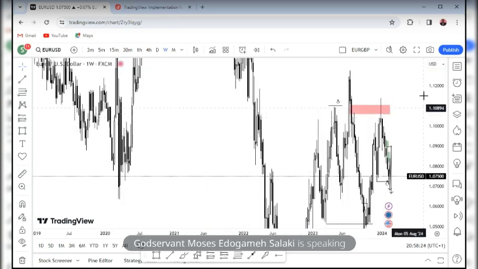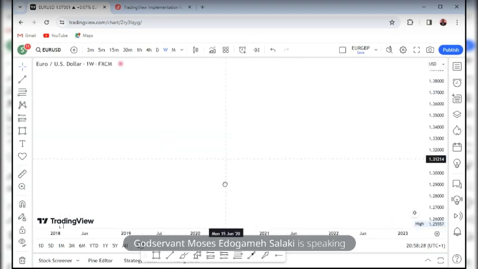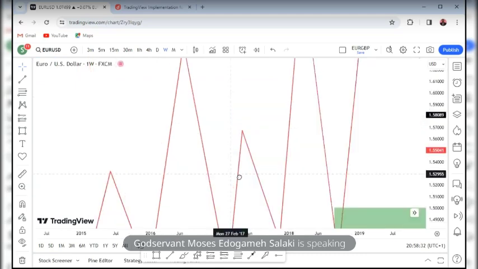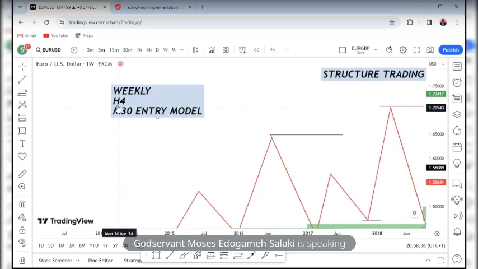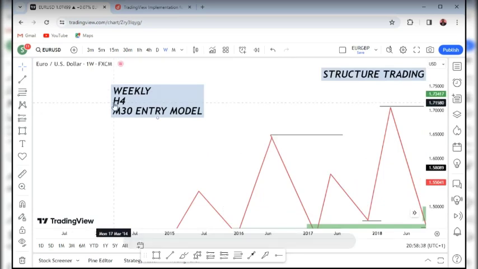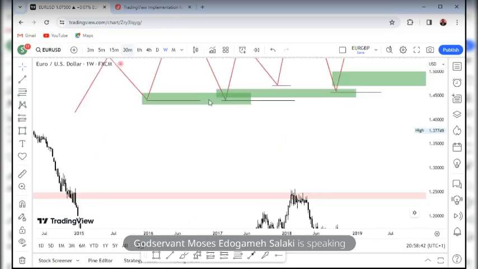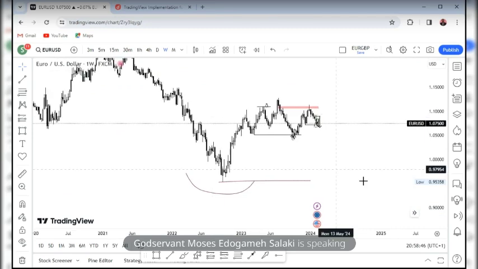I said that you want to see price give you this model on a 4 hours. Remember I said so. Price should give you this model on a 4 hours, which is the correlating time frame. Now that price returned back to the fair value gap, I want to see the break of structure on the 4 hours.